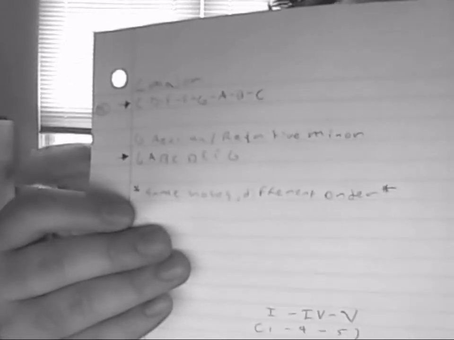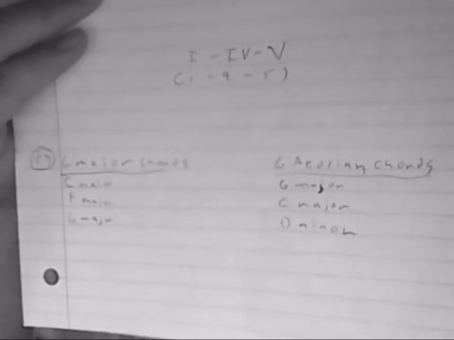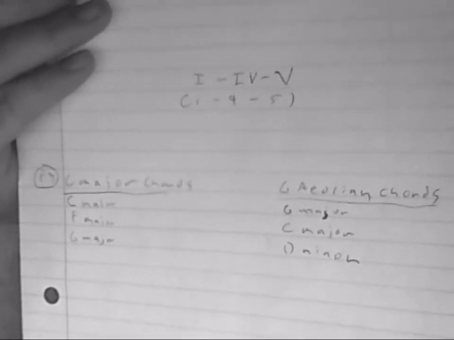So, to play modally, let's say you're trying to do the Aeolian example. Sorry about that, I got a little something in my throat right now. But yeah, to play modally, if we want to play G Aeolian, then we play G Aeolian chords in a chord progression.